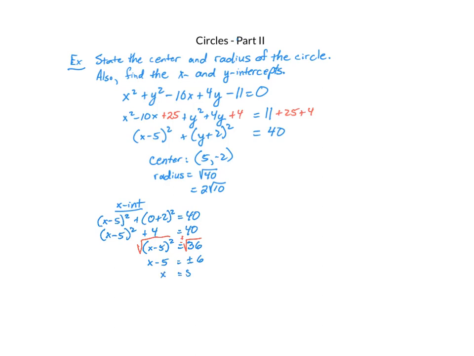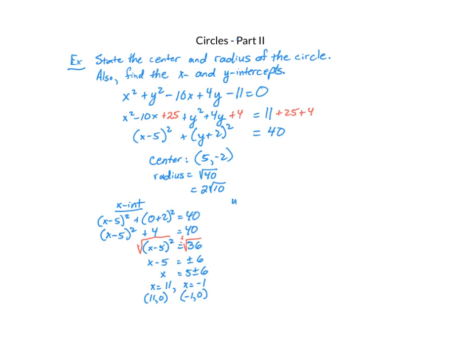So we have 5 plus or minus 6, which we can simplify and make x equals 11 or x equals -1, just by adding 5 plus 6 and subtracting 5 minus 6. So as ordered pairs, those are 11, 0 and -1, 0.